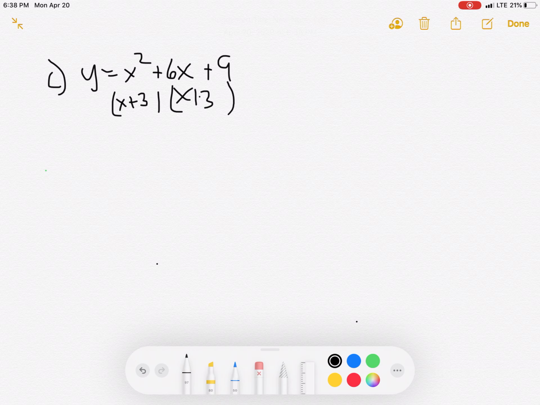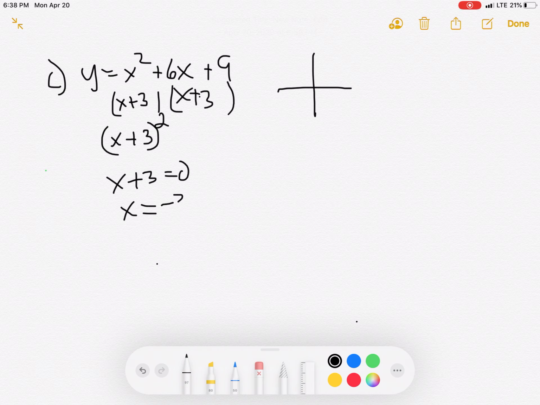Well, that's the same thing. So we would say that is x plus 3 squared. And that would make this thing look like x plus 3 equals 0. So x equals negative 3 again.